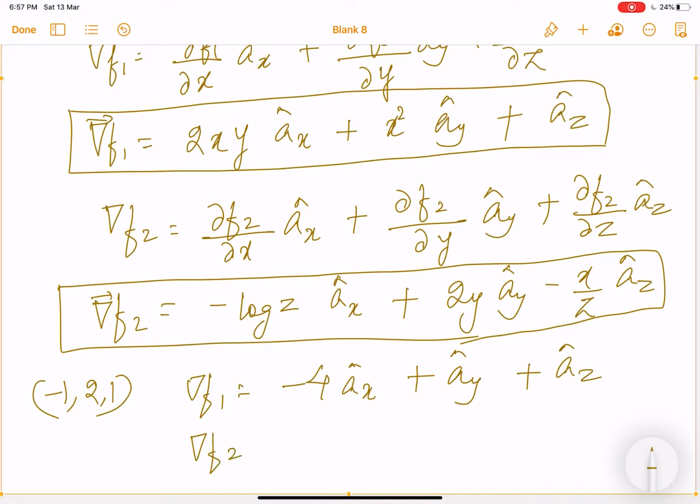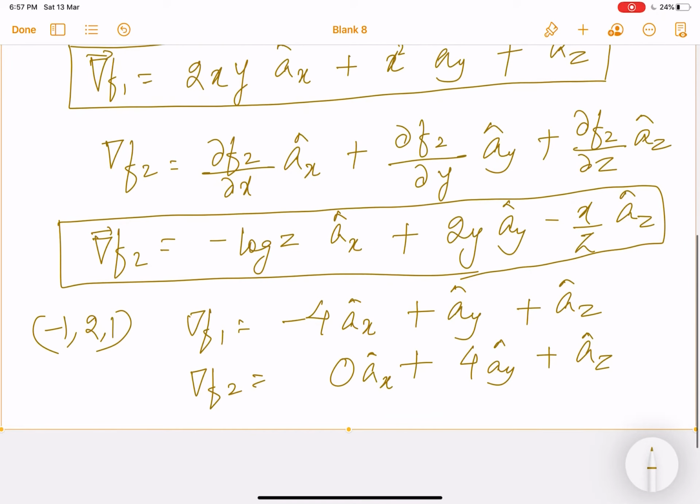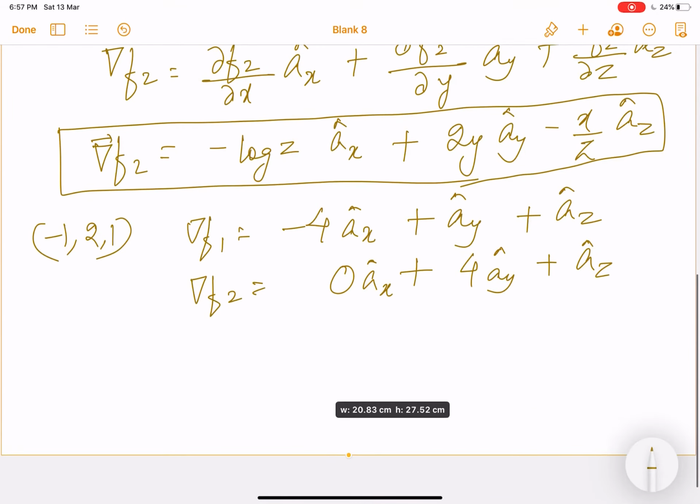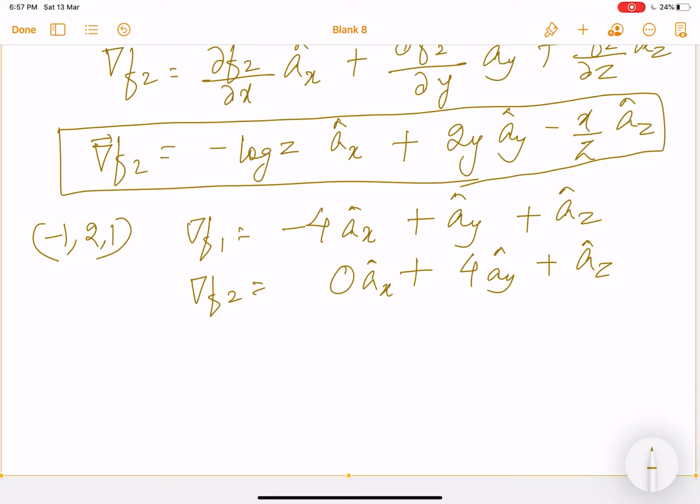For the second surface, minus log 1 is 0, then 2y is 4, so 4 j, plus k. I have to take out the angle between these two, because these two vectors are normal to the surface. Always remember, gradient is normal to the surface.